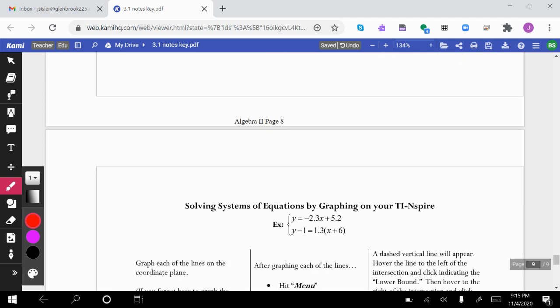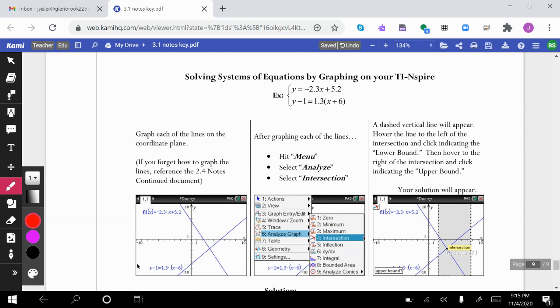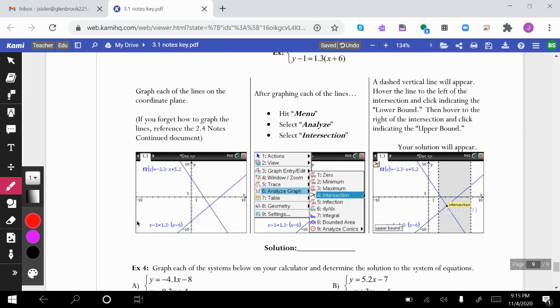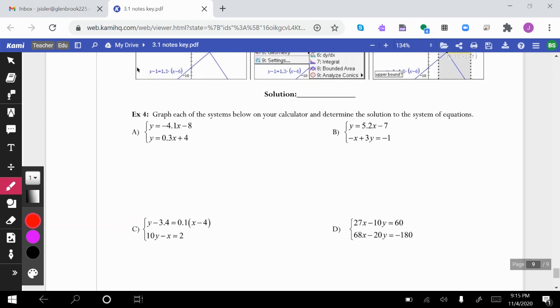This next page is going to ask you to graph using your TI Nspire. So why don't you read through the directions, and I'm just going to give you the answers to these equation sets, and you can check your work for that.